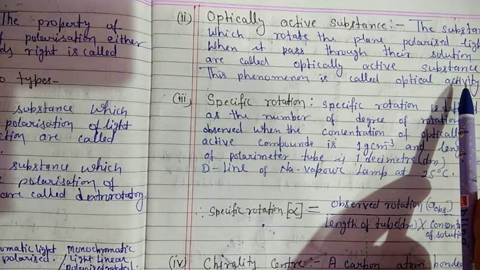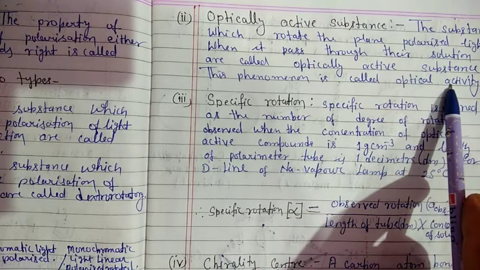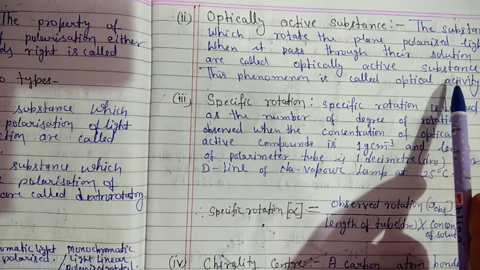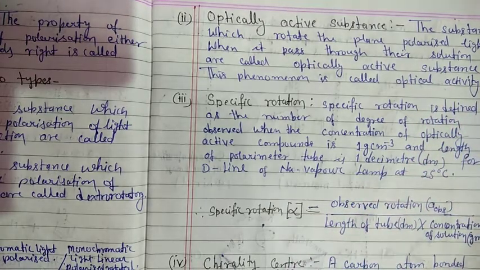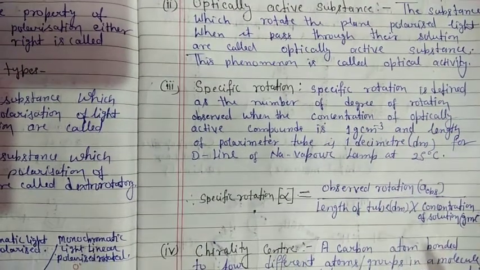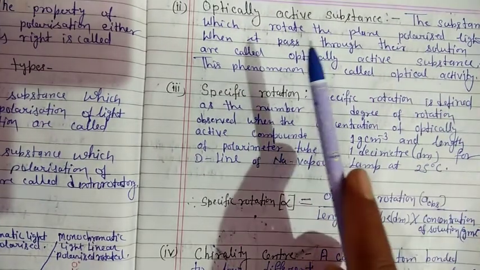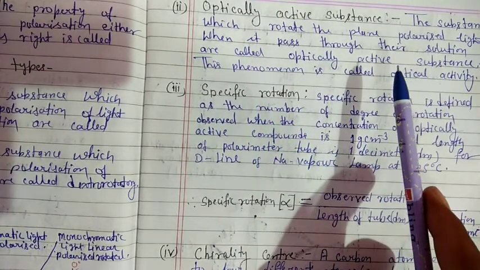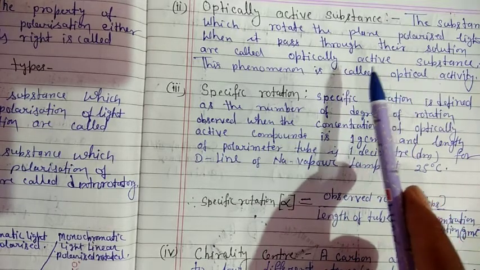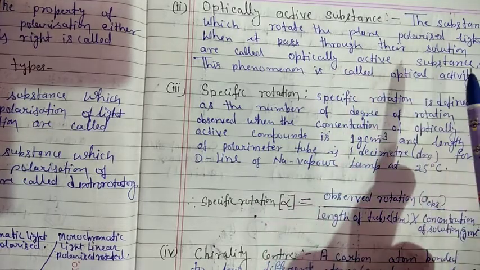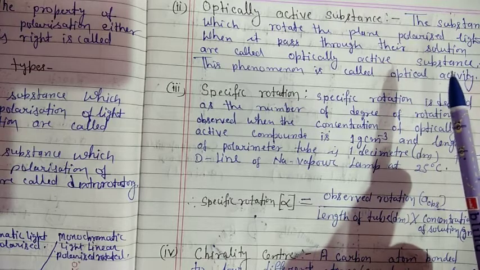Generally, all organic compounds are optically active. Why? Because they can rotate either left side or right side. Or optically inactive substance, the substance which does not rotate the plane polarized light when it passes through its solution is called an optically inactive substance.